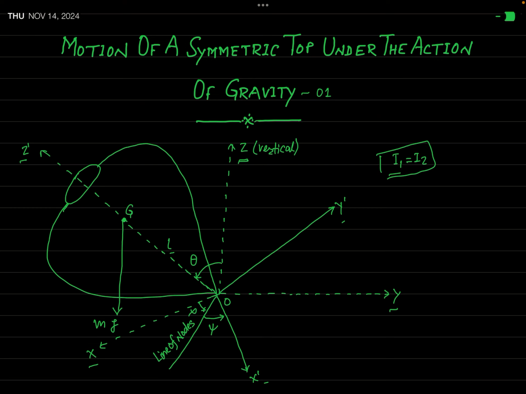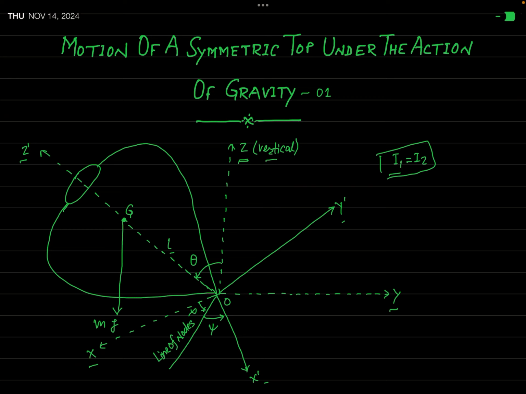Okay. So I have marked here the word vertical, you can see. Now, as the body is fixed at point O, the motion of this symmetric top can be described in terms of the three Euler's angles, phi, theta, and psi. Because you have learnt in my previous video that if a rigid body is fixed at a point, then only rotational motion is possible.